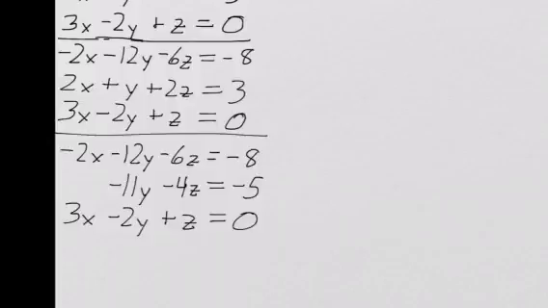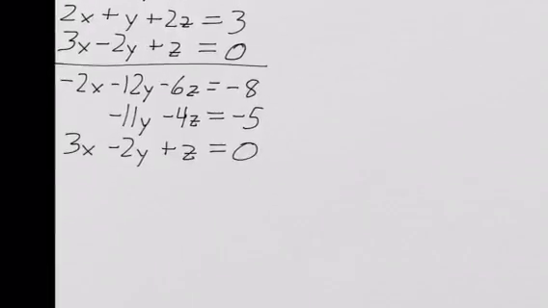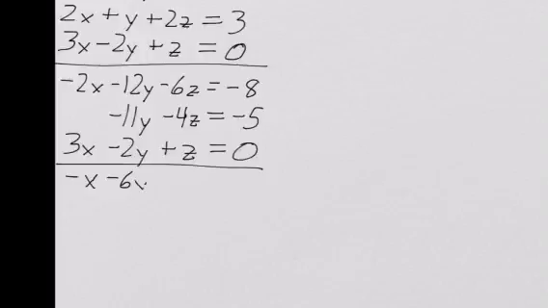So now, I'm going to go ahead and divide that first equation by 2 just to make my life a little bit easier. So I have minus x minus 6y minus 3z equals negative 4. Coincidentally, that is exactly the same as negative 1 times the original equation.